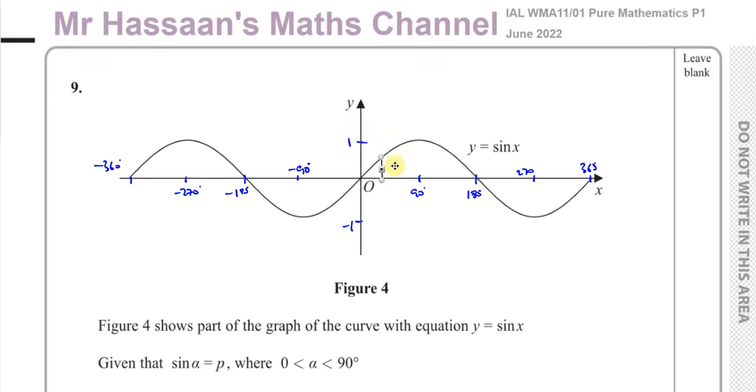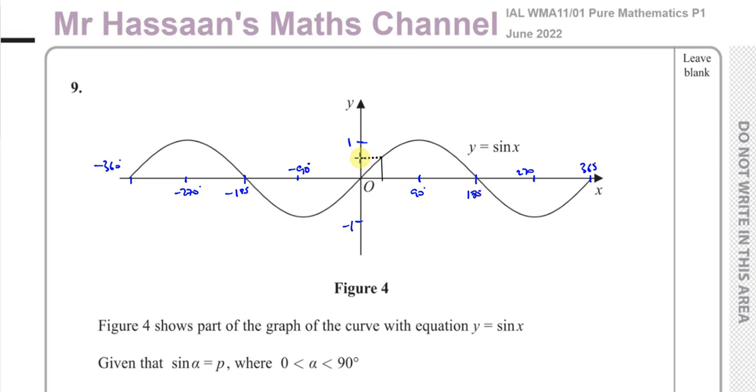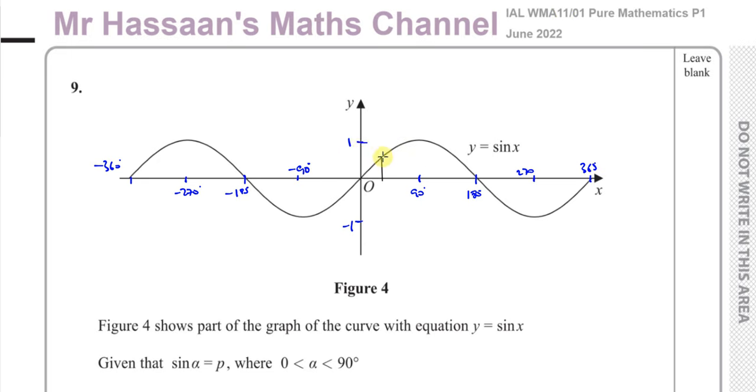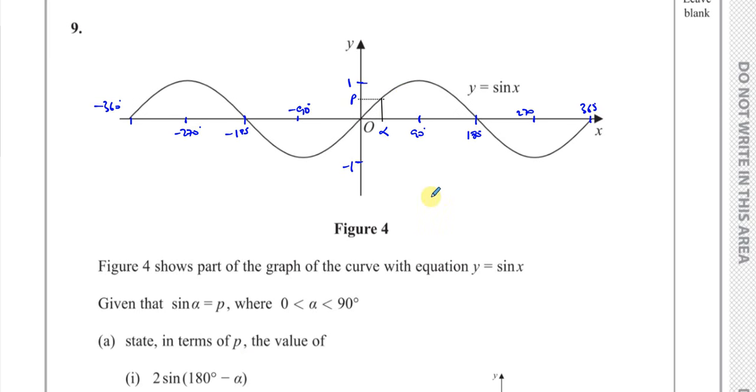Now that means that p is the value that we get up over here. That's where p is. So that's alpha, and that's p.